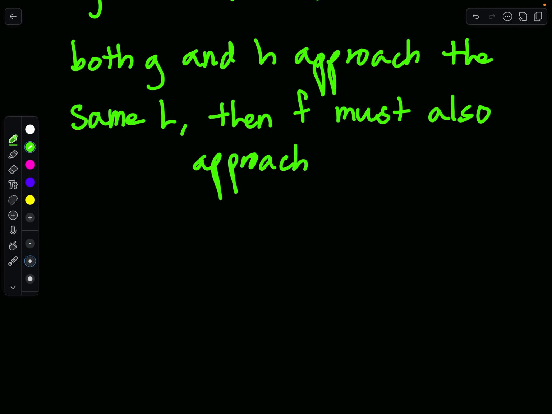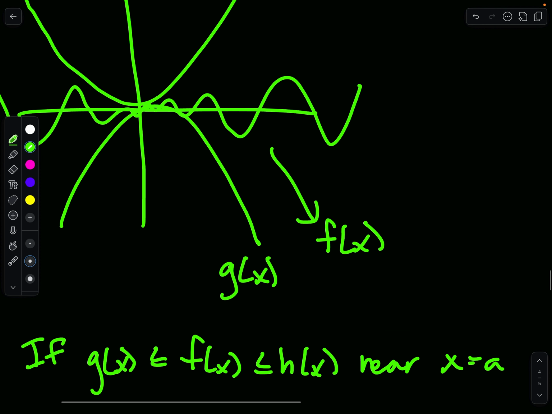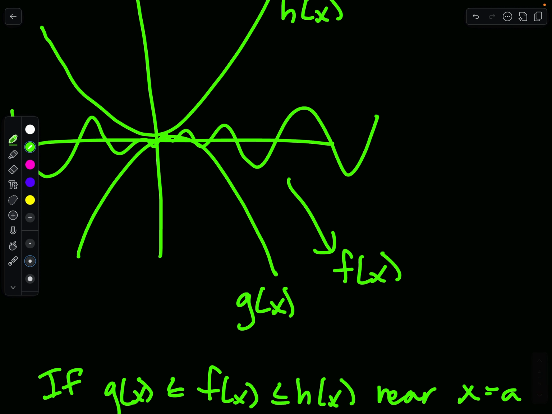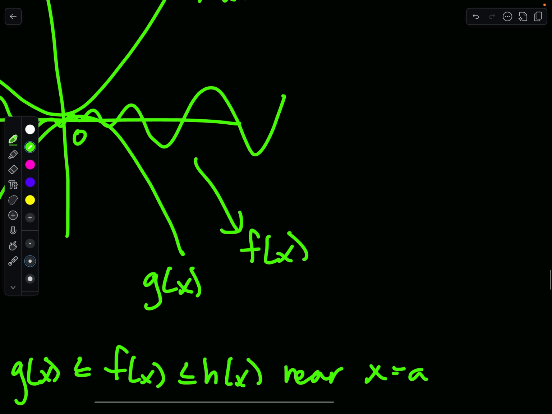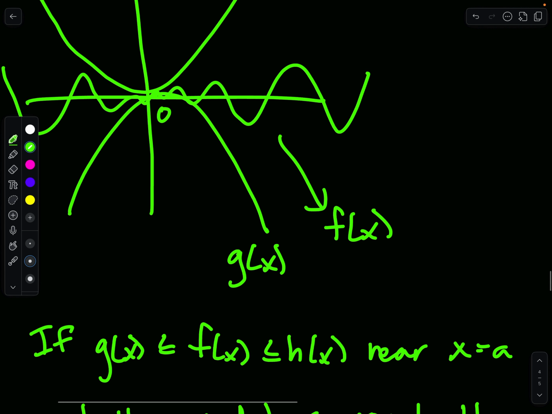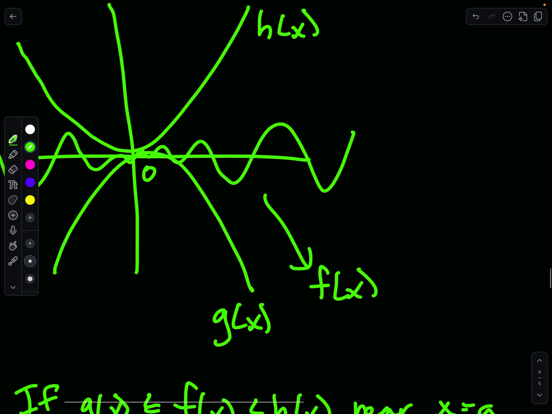So what this is saying is that here at x equals 0, since g of x approaches 0 as x approaches 0, and h of x approaches 0 as x approaches 0, then f of x must also approach 0 as x approaches 0, because f of x is between g of x and h of x.